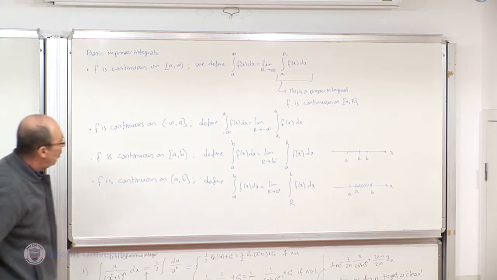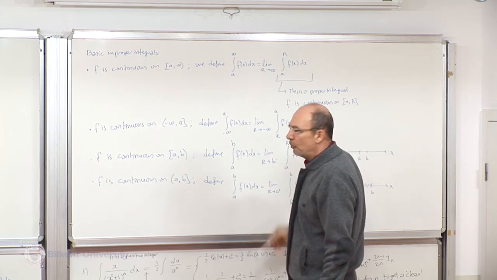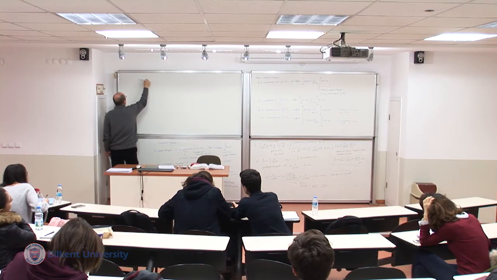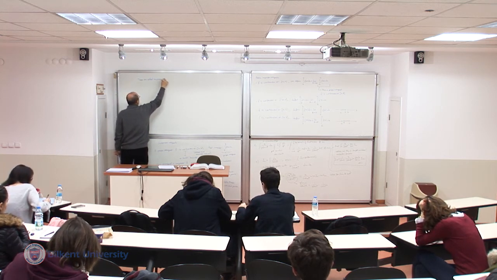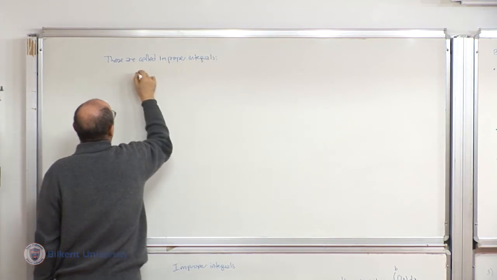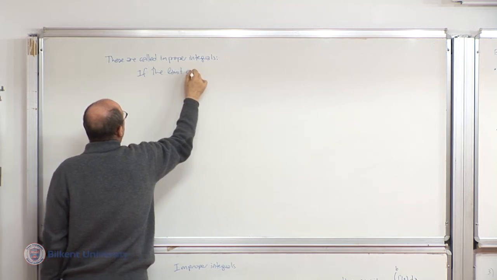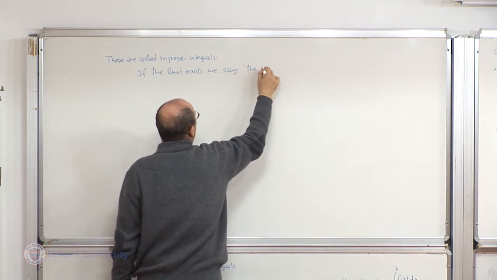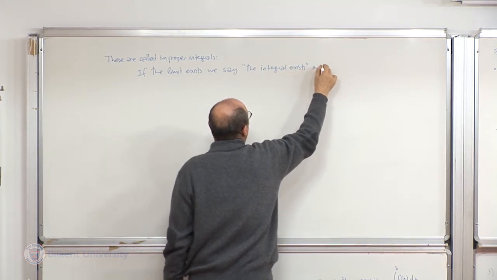So these things on the left-hand side are called improper integrals.